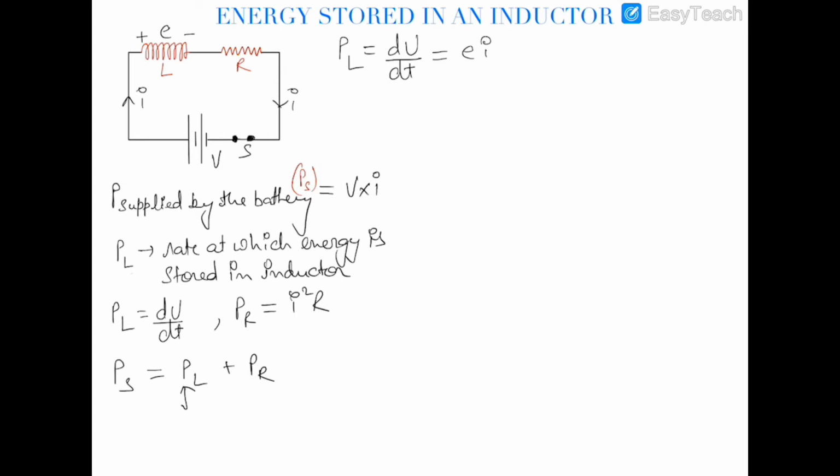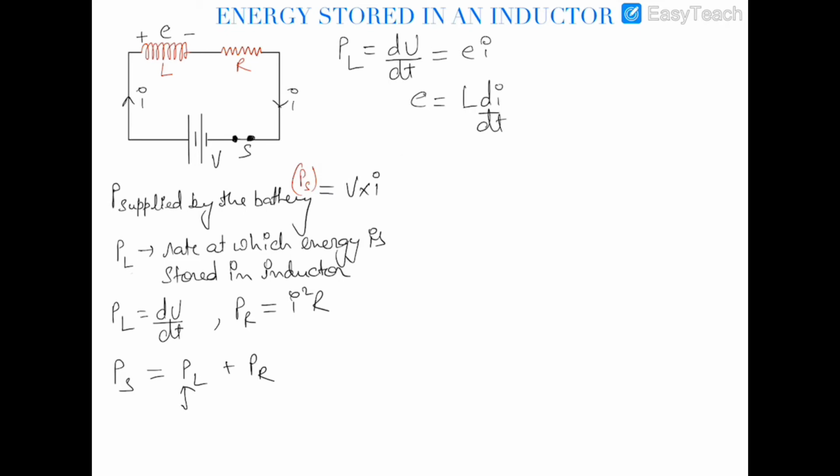Now we know that this instantaneous current is variable because current is increasing, and after some time it will become saturated. So we can write the magnitude of EMF as L di by dt.